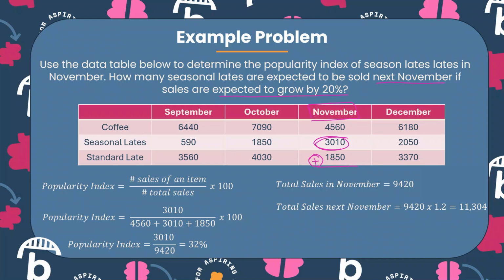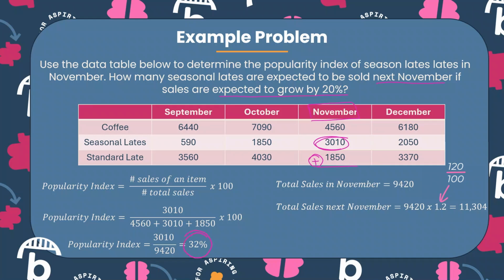An increase of 20%. You could either take 0.2 and multiply it by 9,420 and add it to 9,420, or you could multiply it by 120%, which is 120% per 100, which is 1.2. Either way, the total sales next November we anticipate to be 11,304.